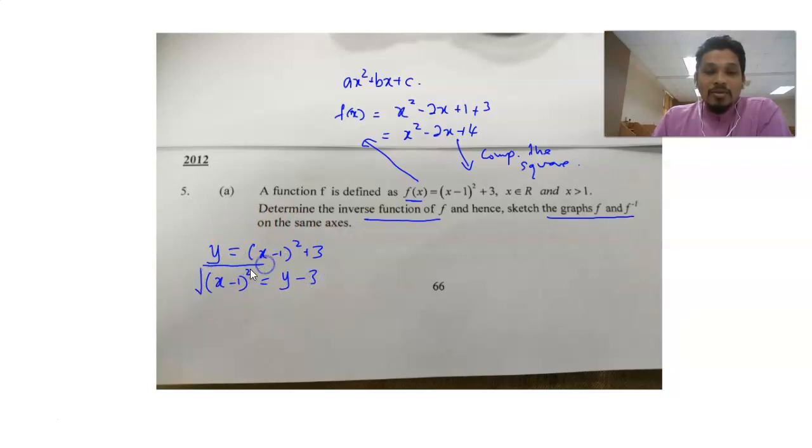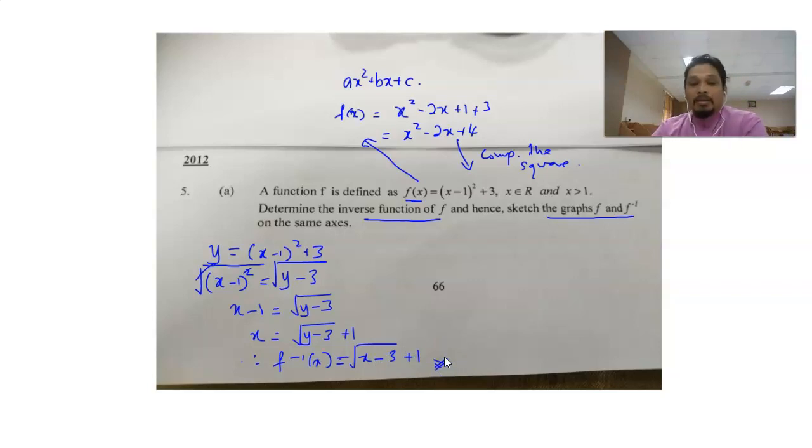Eliminate the square by taking the square root. So x minus 1 equals the square root of y minus 3, then x equals the square root of y minus 3 plus 1. Then f inverse equals the square root of x minus 3, plus 1.